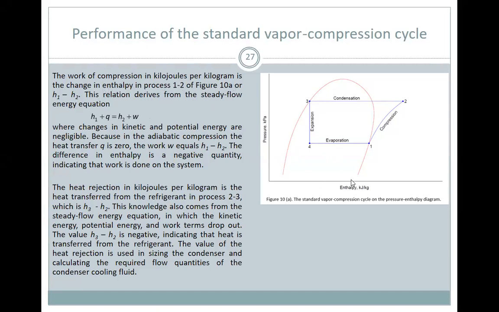It is the change in enthalpy across 1 to 2, or h1 minus h2. This relation derives from the steady flow energy equation. So h1 plus q is equal to h2 plus w, which is energy in equals energy out, where changes in kinetic and potential energy are negligible.